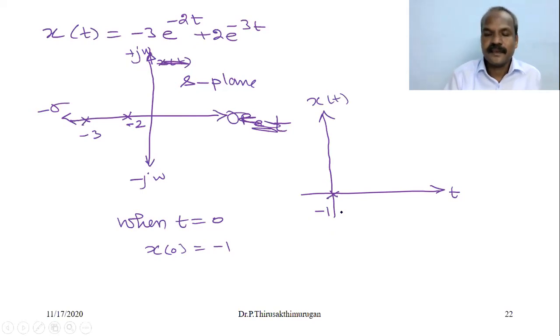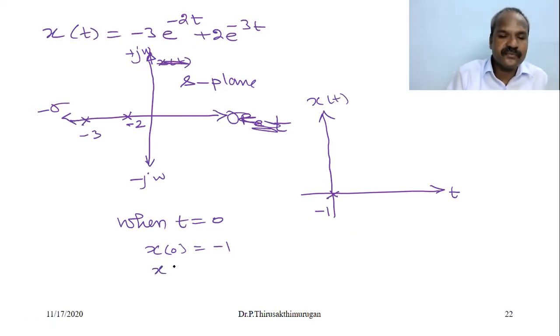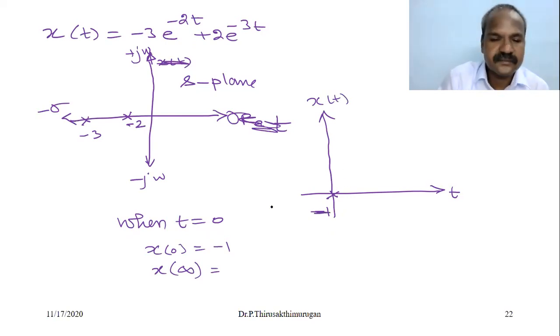So this is minus 1. Understand? When t is infinity, what is x of t? 0. Clear? Understood, sir.